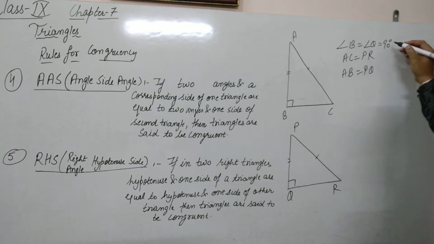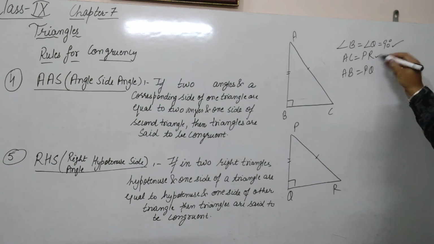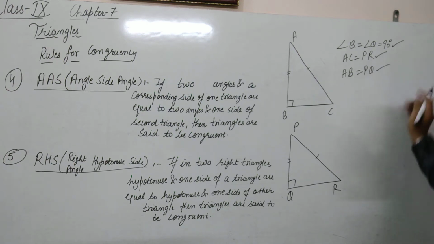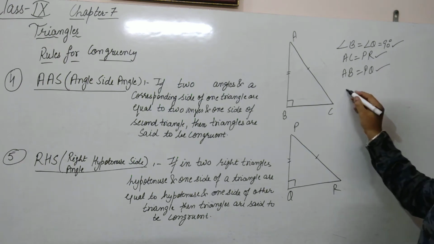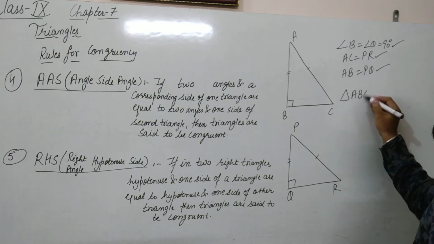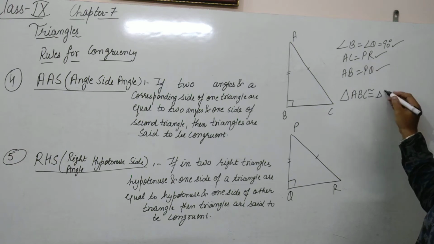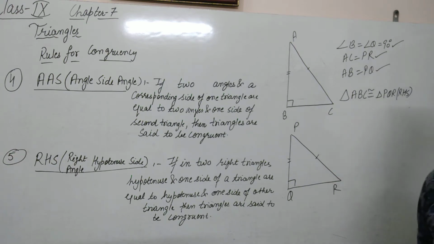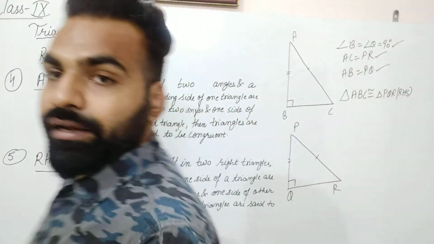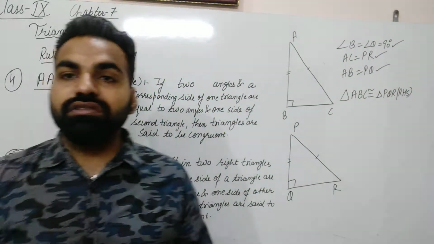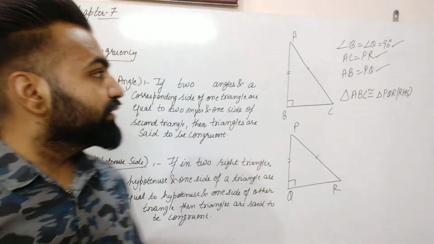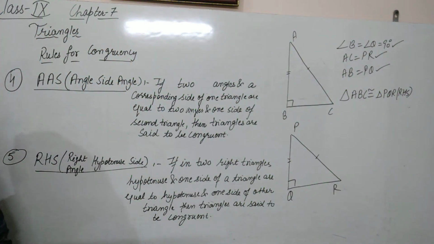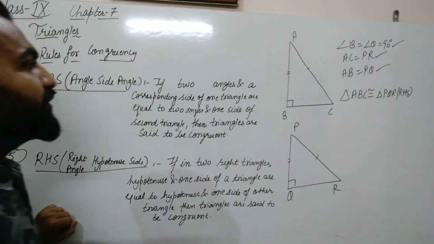So this is right angle R, this is hypotenuse H, and this is side S. So we will say triangle ABC is congruent to triangle PQR under the rule RHS. R means right angle, H means hypotenuse, S means side. So these were 5 rules to prove the congruency in two triangles.